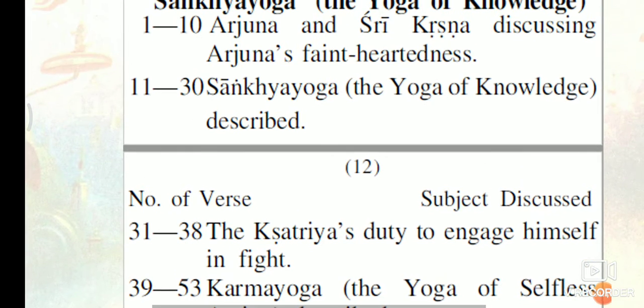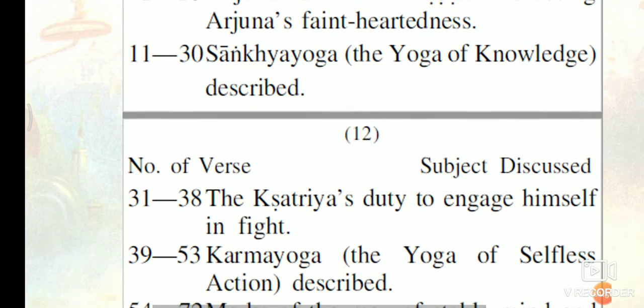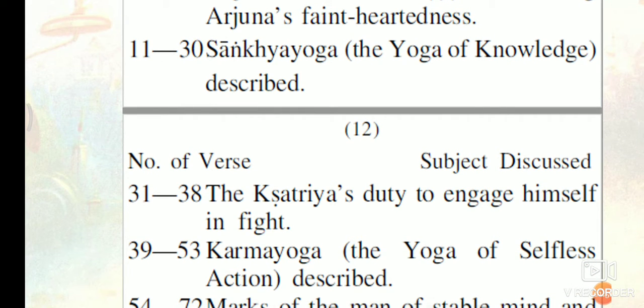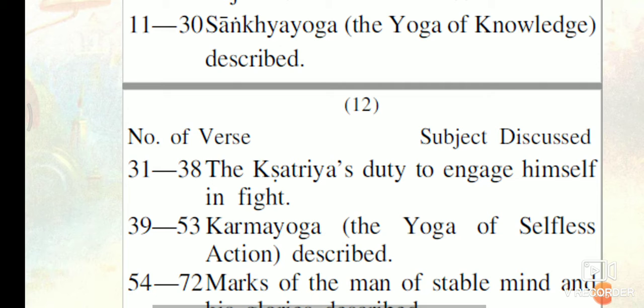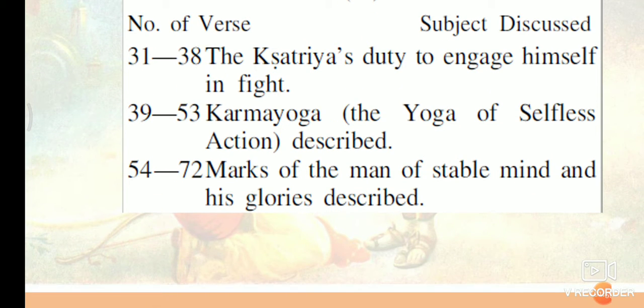Basically, in the second chapter, Krishna is explaining 3 different ways in which Arjuna can apply his knowledge and take up the war, or take up the bow and arrow to fight. And finally, Arjuna asks Krishna what the qualities of a stable-minded person are.